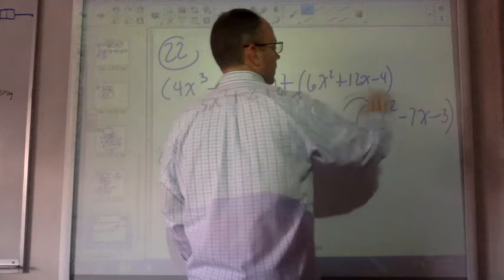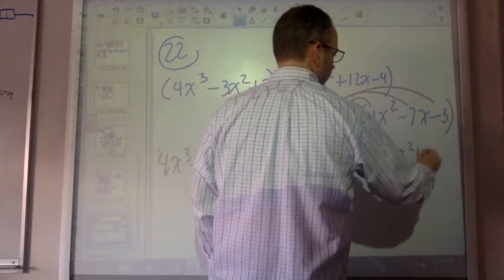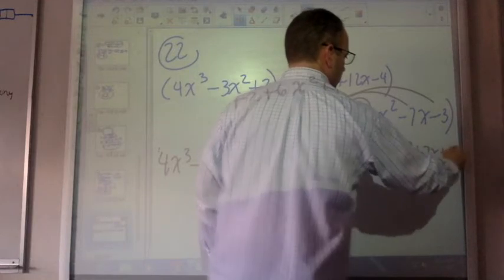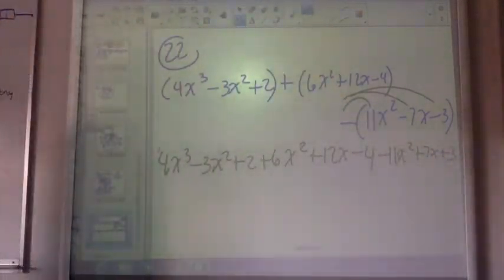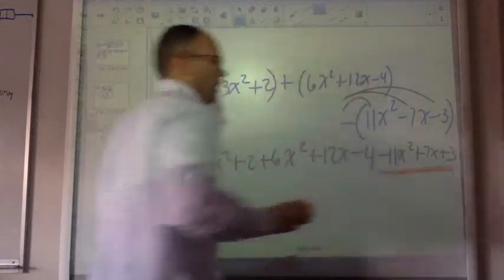And then basically, all those get distributed. So I get that. So this part right here is where all the signs changed. Agree?